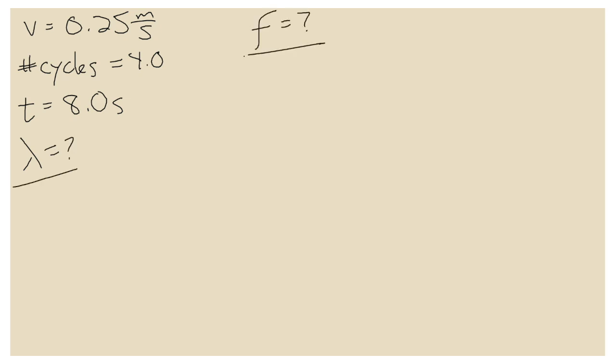Now, like I said, this is basically the last problem in reverse. The first thing we have to do is solve for the frequency. As I mentioned, the frequency equation that we're going to use here is not in the reference table, but it comes from the basic definition of frequency. Frequency is a measurement of the number of cycles per second. And so here, we're going to say that the frequency is the number of cycles divided by the time in seconds.